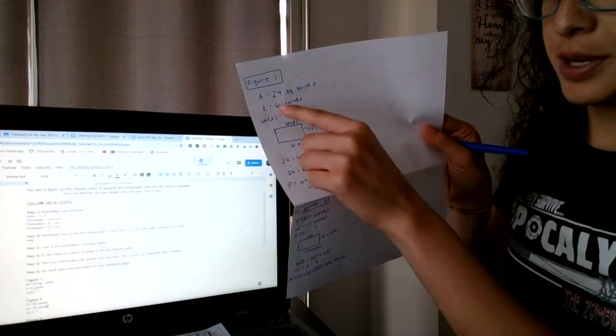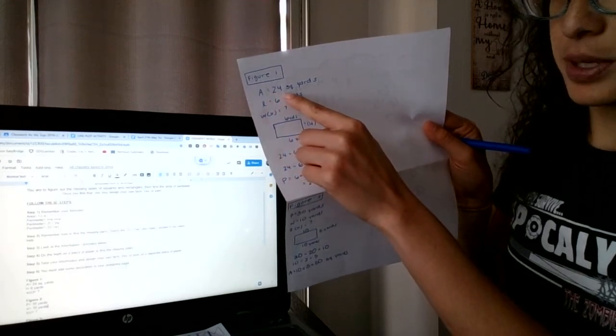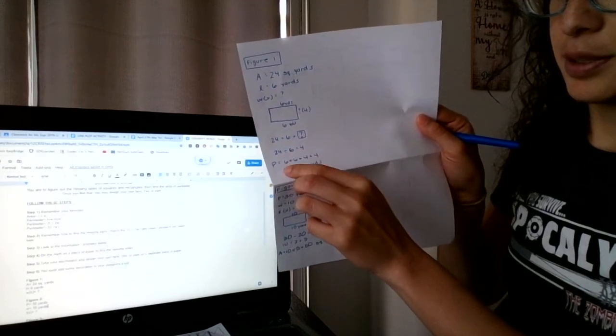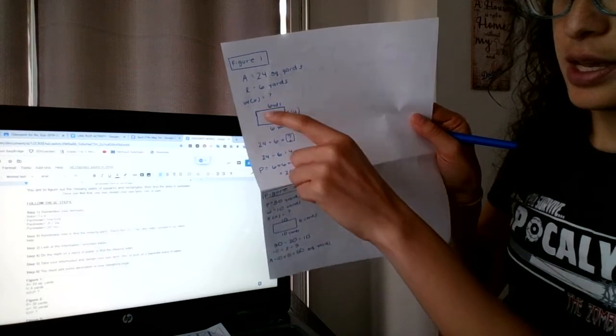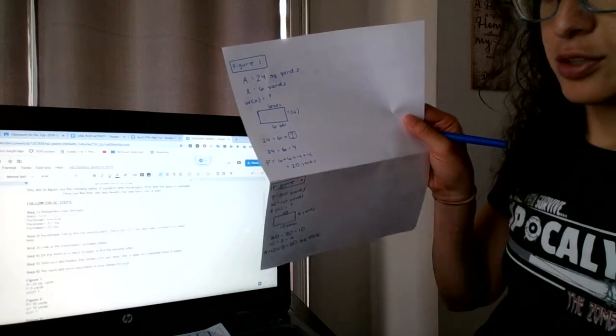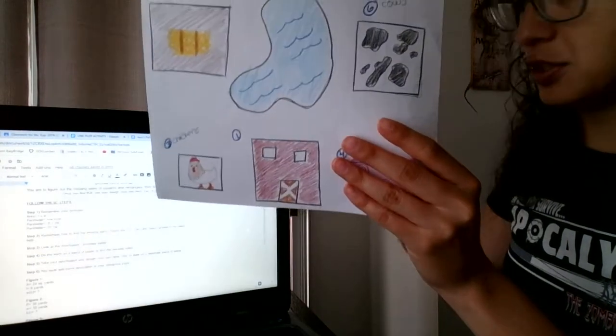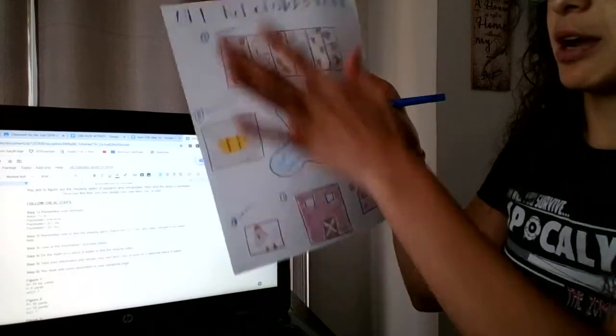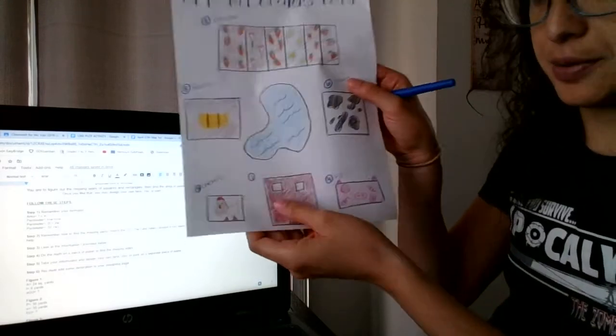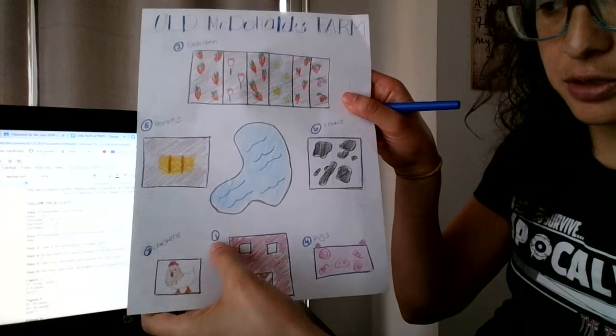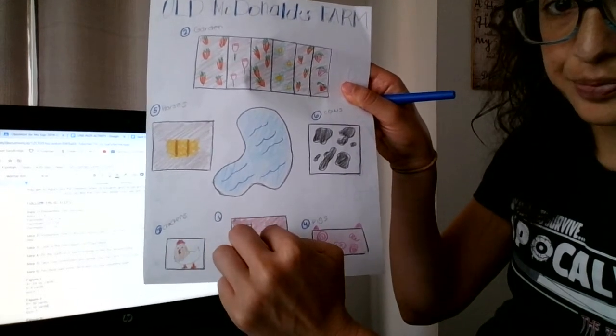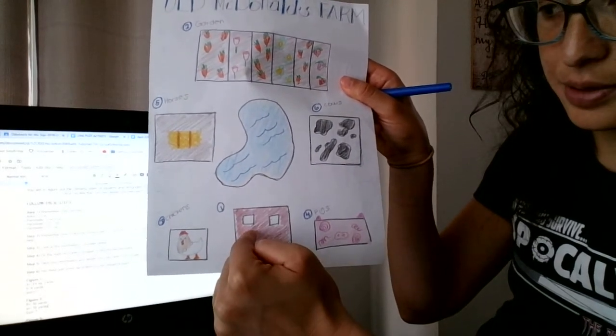Okay, so figure 1, the area is 24 square yards, the perimeter was 20 yards, and I know my dimensions. So over here, all I need you to do is wherever you draw figure 1, I want you to label it. So clearly this is figure 1 because it has a 1 next to it.